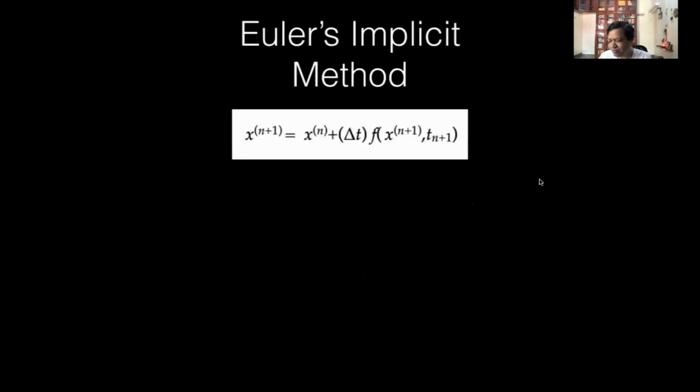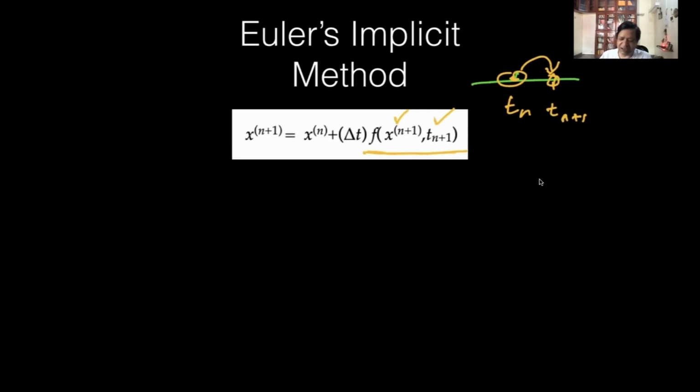Okay, so for the implicit scheme, what do we do? We go again from tn to tn plus 1, but you compute f not here, but at the forward time, which is xn plus 1 and tn plus 1. It's an integral, so we can choose different schemes, and this is one scheme. It is the Euler implicit scheme.